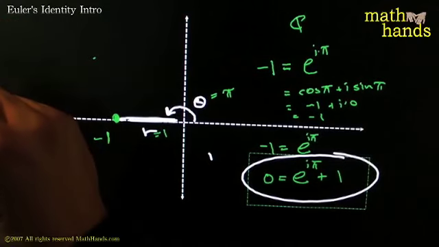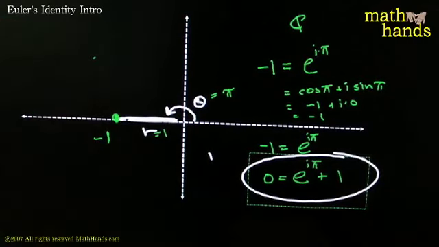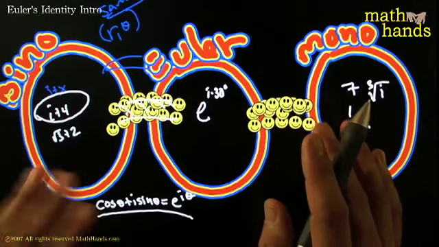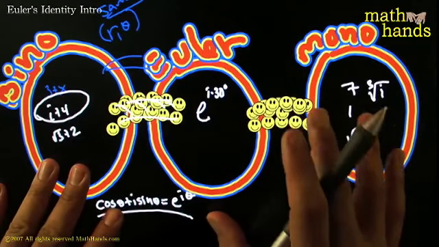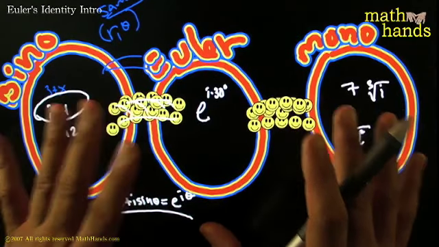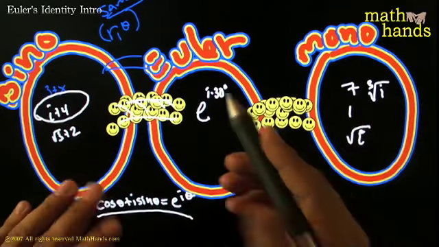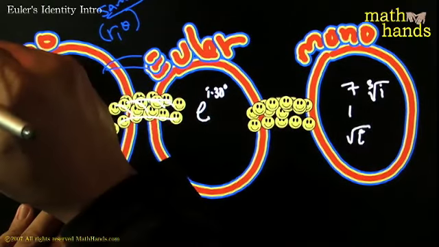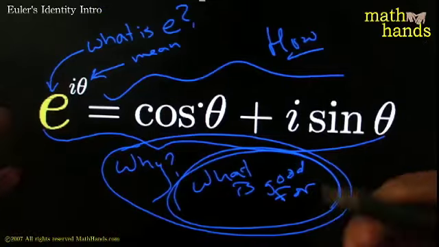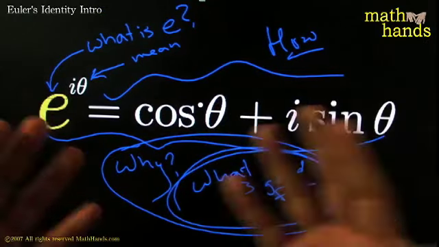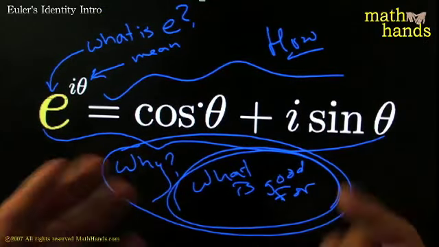So, now let me think. For today, I think we should give this a rest here. Just take a look at the big picture. There's a lot of things to do here. We've got to understand e, what we mean, how to prove it, why, and all that stuff.